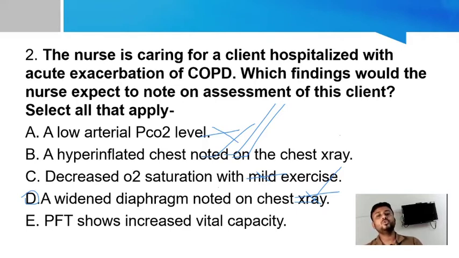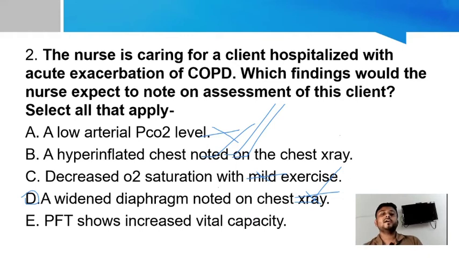When carbon dioxide accumulates in our lungs, there will be an increased PCO2 level. So the first option, they have given a low arterial PCO2 level, and by this we can eliminate the first option.